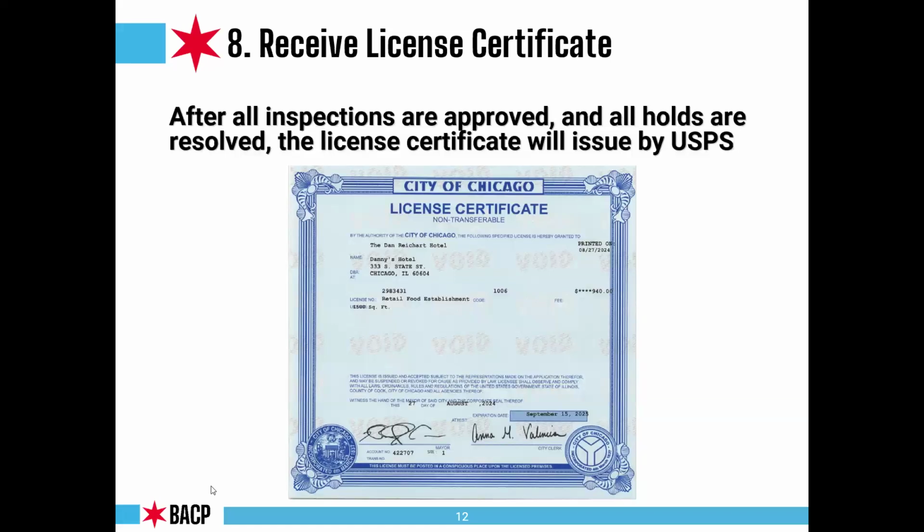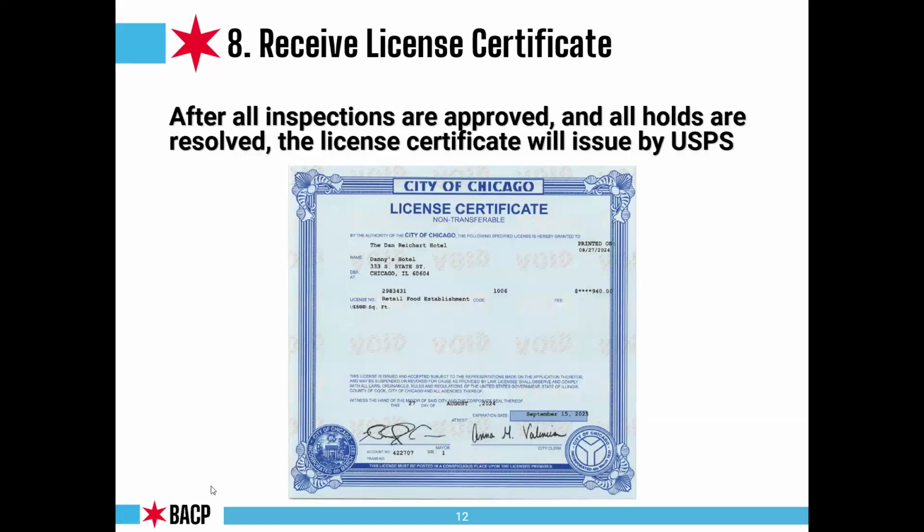Your license will be mailed via USPS to the mailing address, which more often than not is your business location. However, if you would like to arrange for us to hold your license so that you can pick it up here at City Hall, room 805, we can also work that out. And again, as previously mentioned, if the license type that you fall under is an LBO, a limited business license, then you're more than likely obtaining that license same day when you apply.